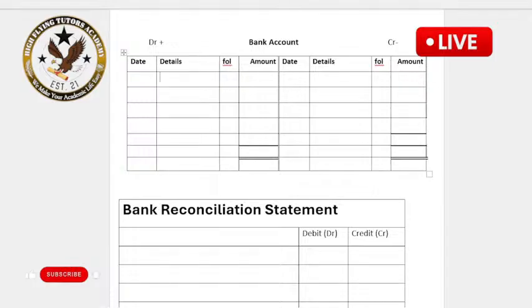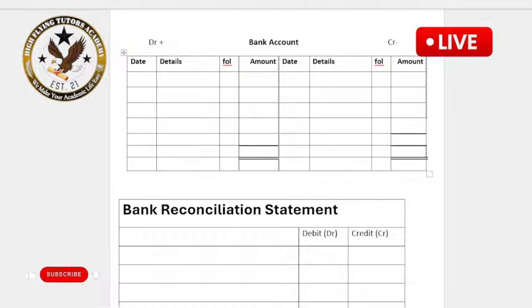I believe on my screen you are able to see my answer sheet, right? That is the format of the bank account, and below it is the format of the bank reconciliation statement.